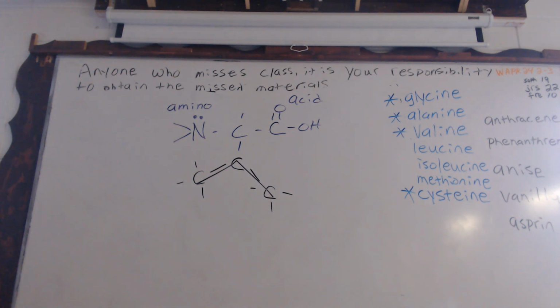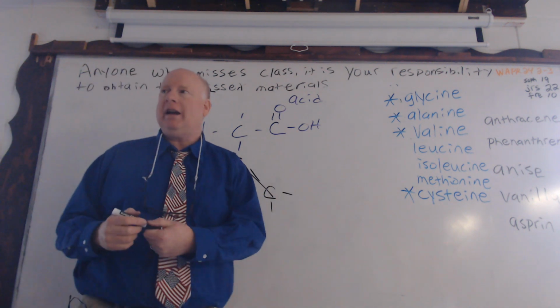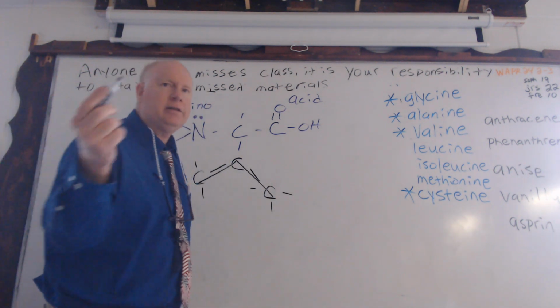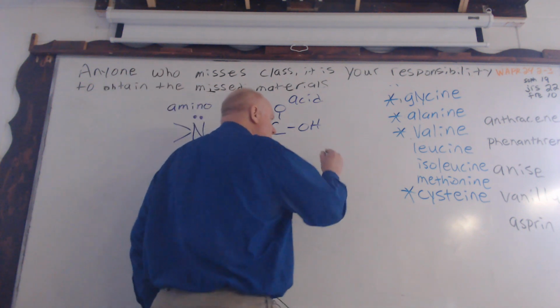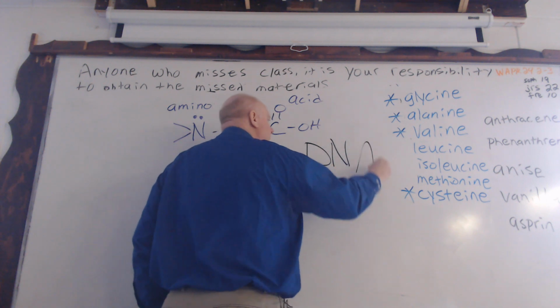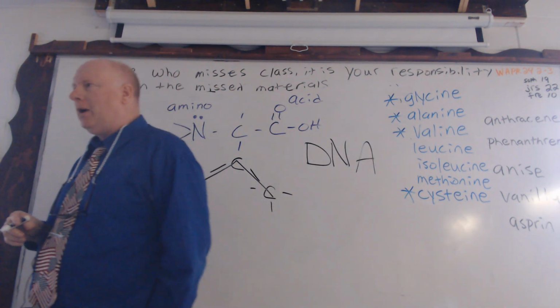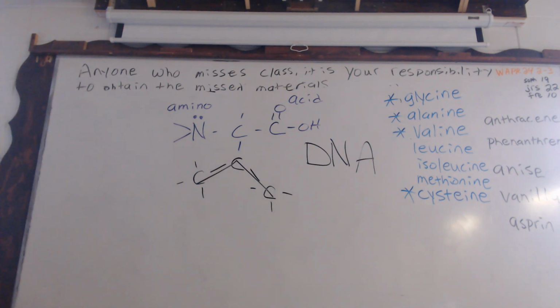It's when you start hooking a lot of these together, they become nucleic acids. And in certain cases, they become even more specific. We don't usually say deoxyribonucleic acid. It just takes too long to say it. It's confusing. Let's just refer to some of these molecules as DNA, as RNA.